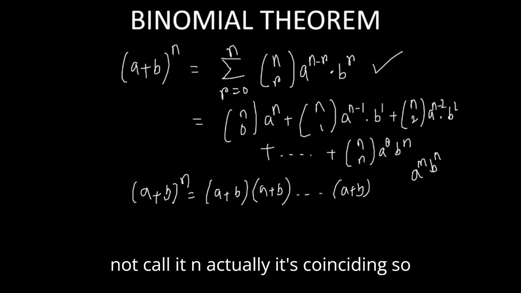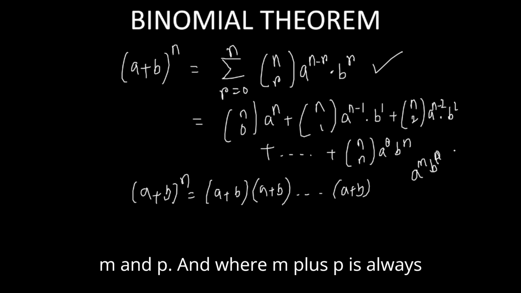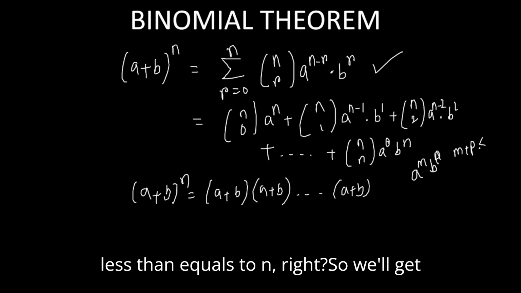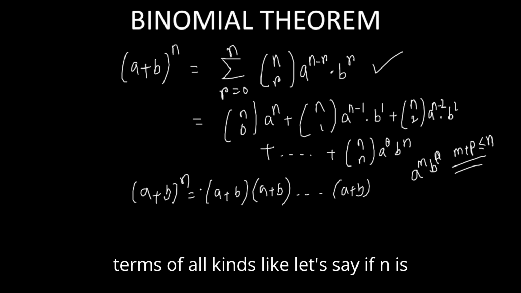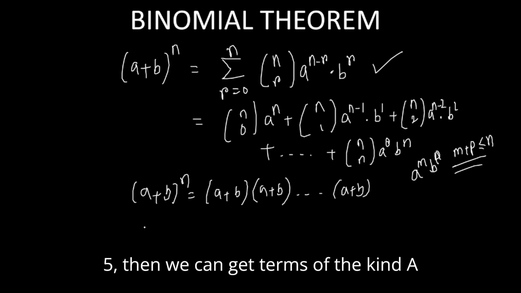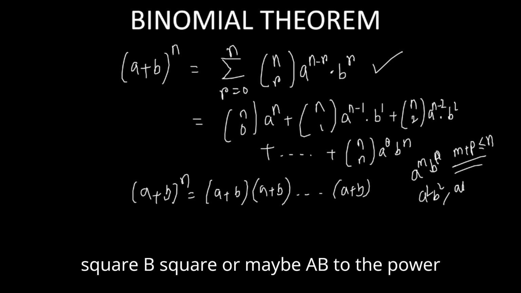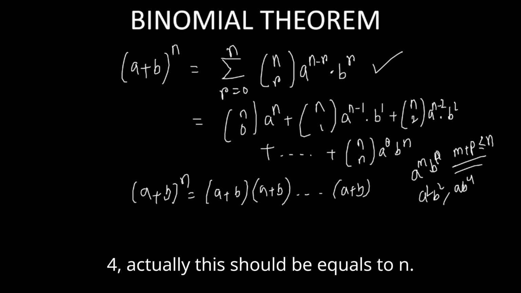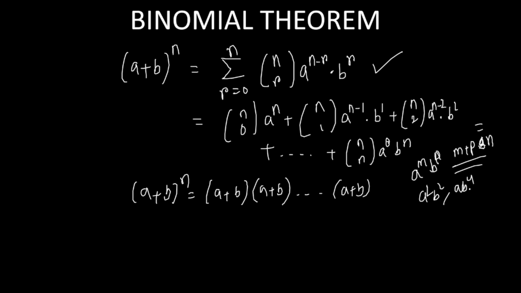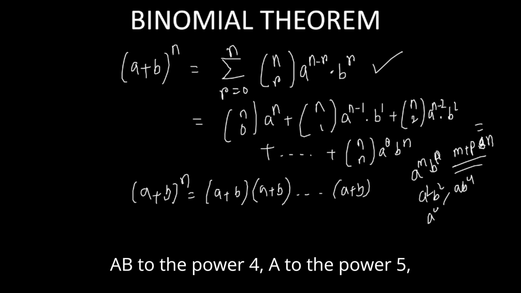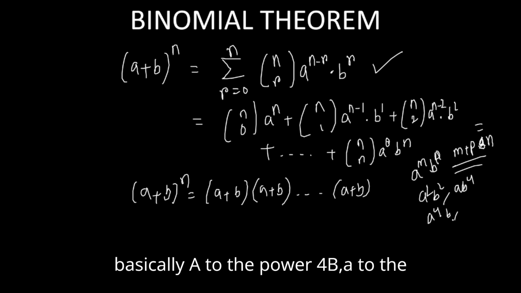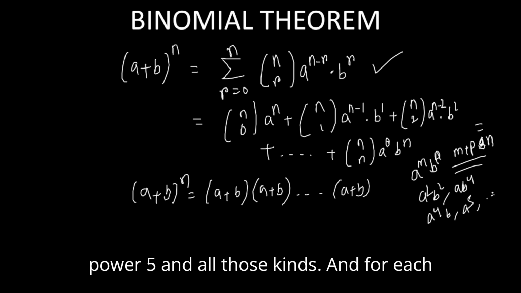So let's not call it n, actually, it's coinciding. So m and p, where m plus p is equal to n, right? So we'll get terms of all kinds. Like let's say if n is 5, then we can get terms of the kind a squared b cubed, or maybe a b to the power 4, a to the power 4 b, a to the power 5, and all those kinds.